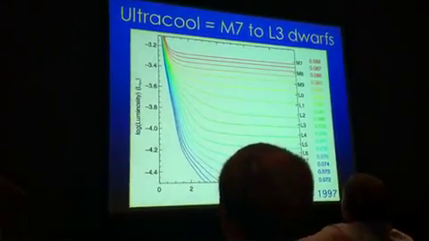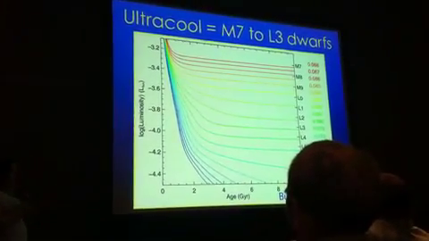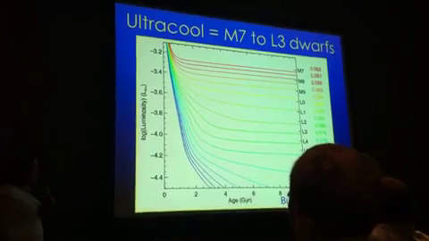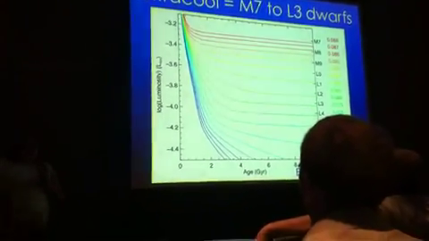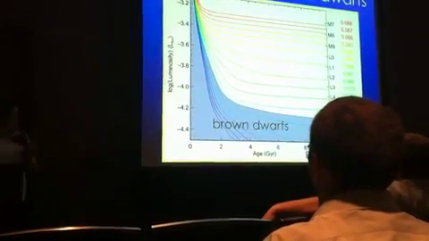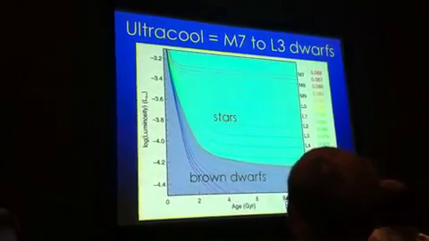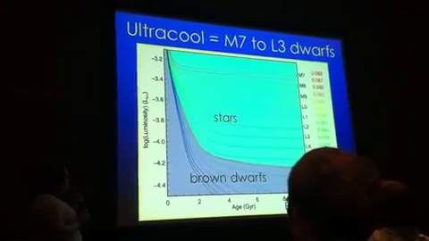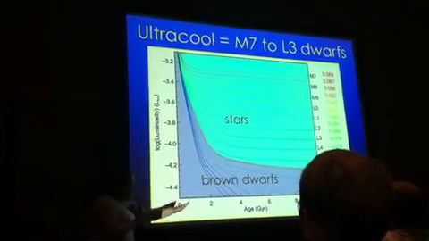Here I'm showing the Burrows models, which are tracks of constant mass, and how they evolve in luminosity as a function of time. Along the right side, there's a really rough conversion to spectral type, just to give you an idea. And the masses are in color on the side. The point that I want to make is that there are both brown dwarfs and stars in the M7 through L3 bins, even at disk ages.